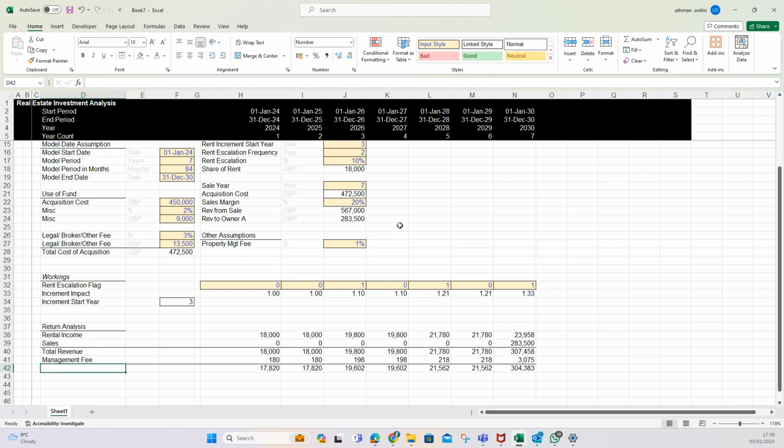Should we assume tax? Okay, so let's assume there's a capital tax.